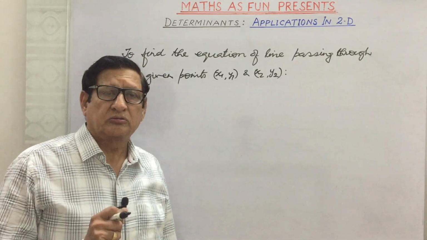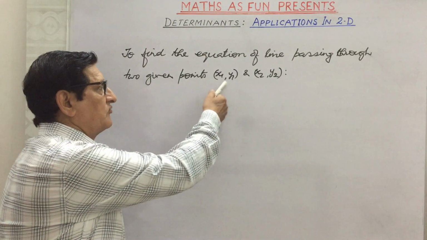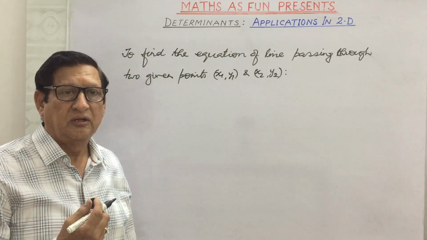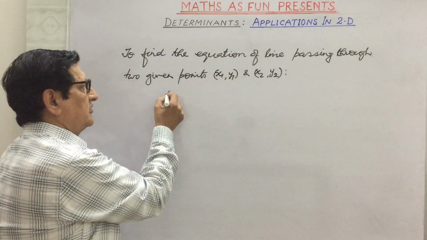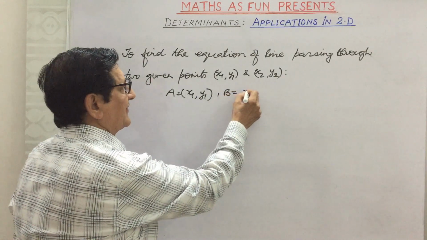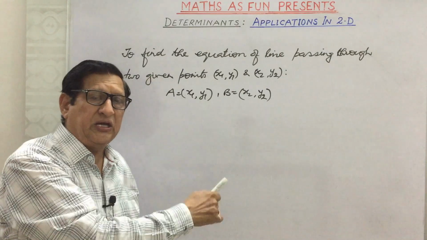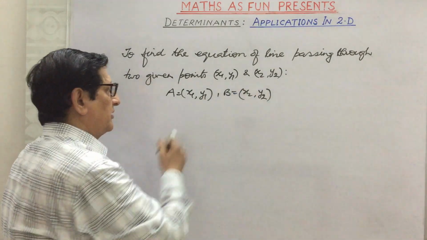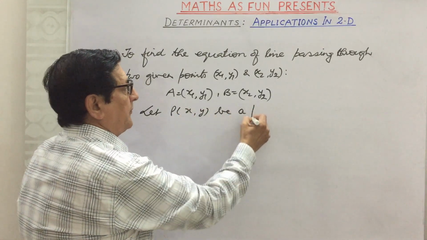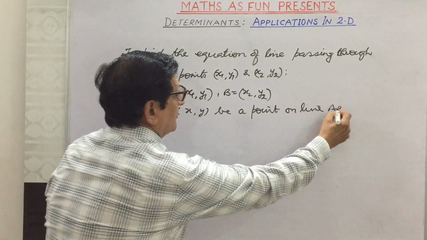We can also find out the equation of a straight line passing through two given points (x1, y1) and (x2, y2) by applying determinants. How is it done? See, we have already been given 2 points. Suppose A is (x1, y1) and B has been given as (x2, y2). And we take a point P on the same line. Let P, with coordinates (x, y), be a point on line AB.